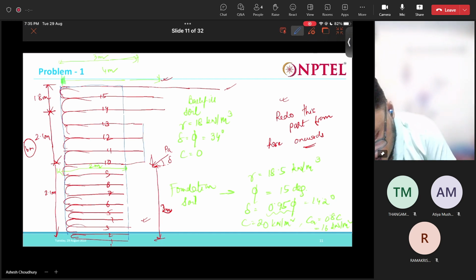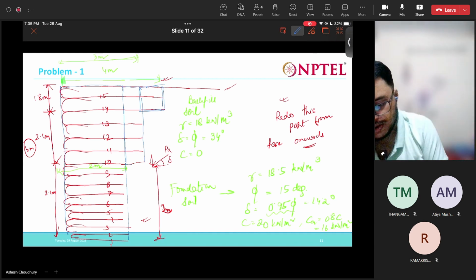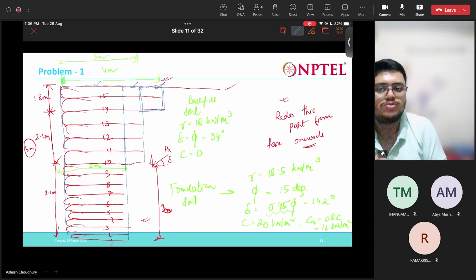W2 is this soil block, and W3 is this soil block. So understood? This is W1, this is W2, and this is W3. So we have divided the reinforced soil total block into 3 small blocks, W1, W2, and W3.